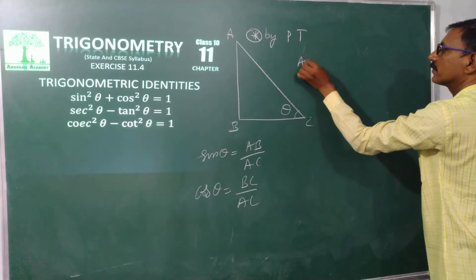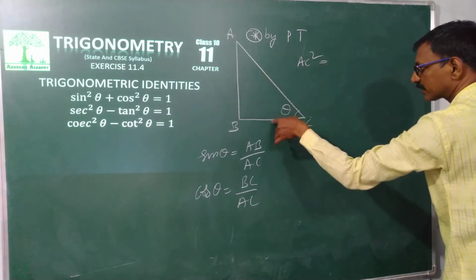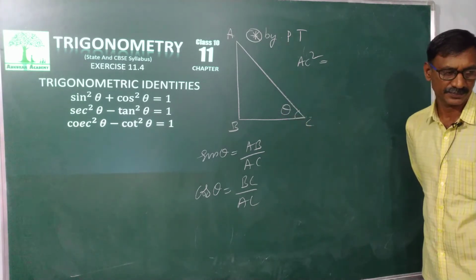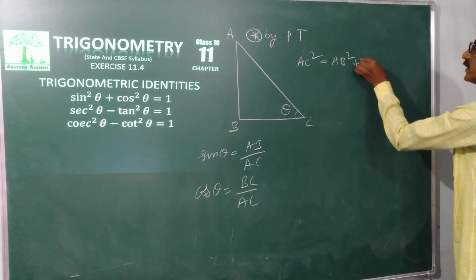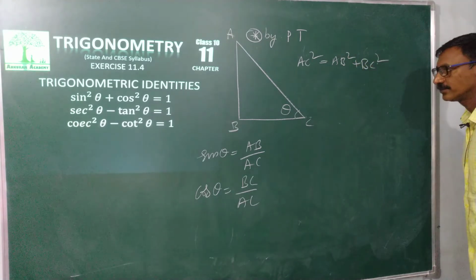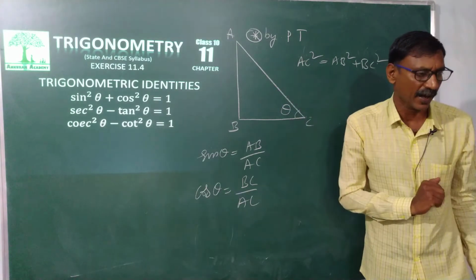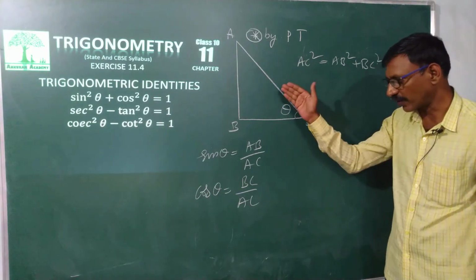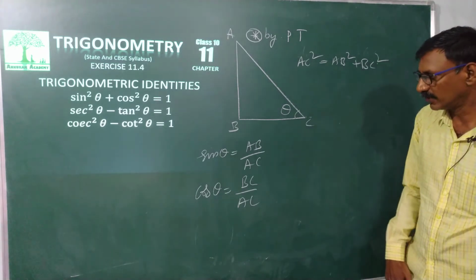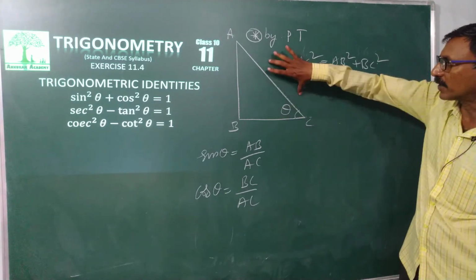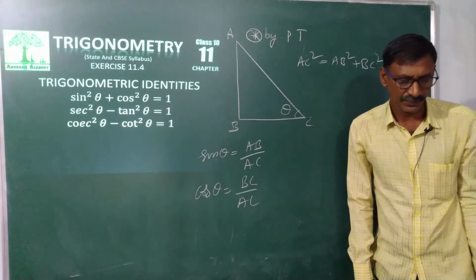Hypotenuse square is equals to sum of the squares of the other two sides, AB square plus BC square. This is the relation between three sides of right angle triangle. Hypotenuse square is always equal to the sum of the squares of the other two sides.